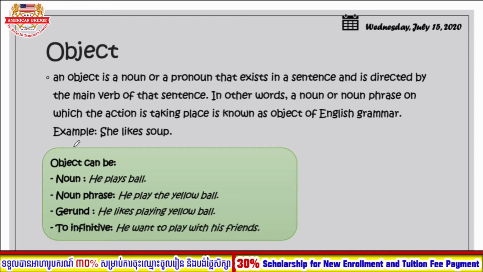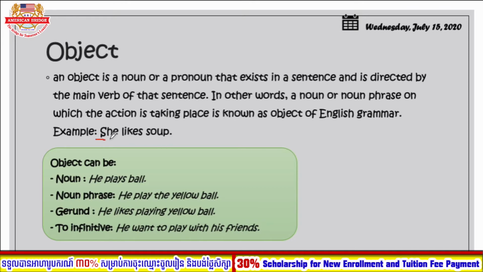So an object is a noun or pronoun that exists in a sentence and is directed by the main verb of that sentence. In other words, a noun or noun phrase on which the action is taking place is known as the object in English grammar. So if you look at the example here, she likes soup.